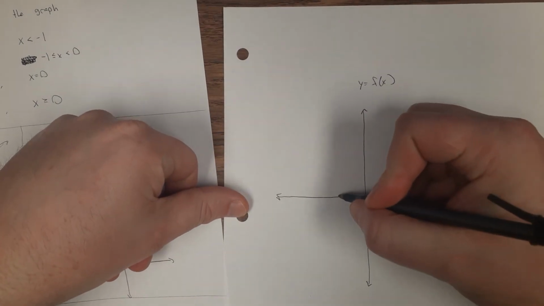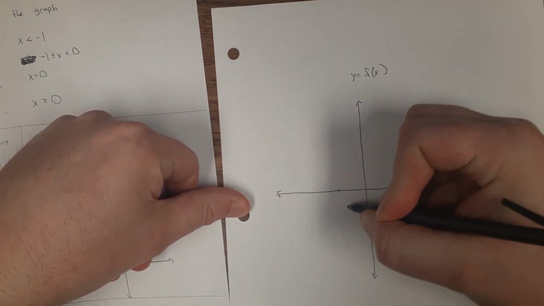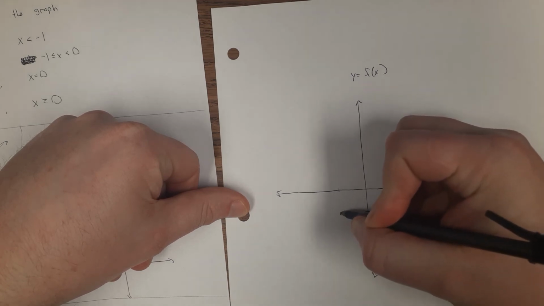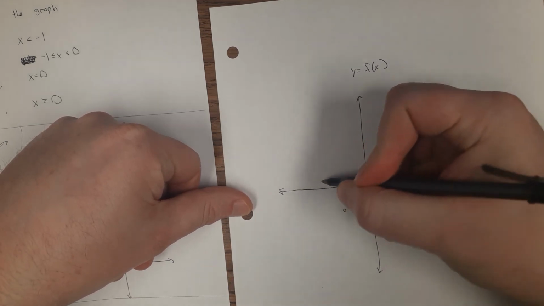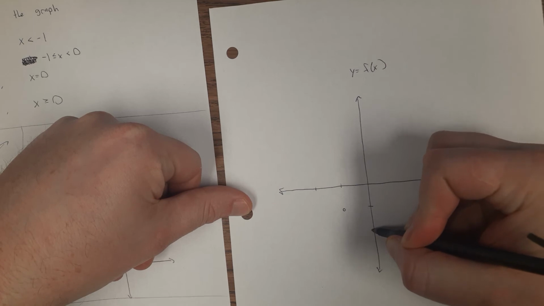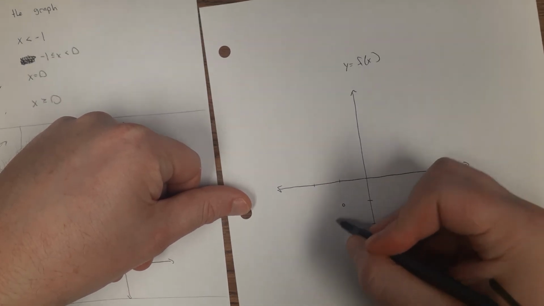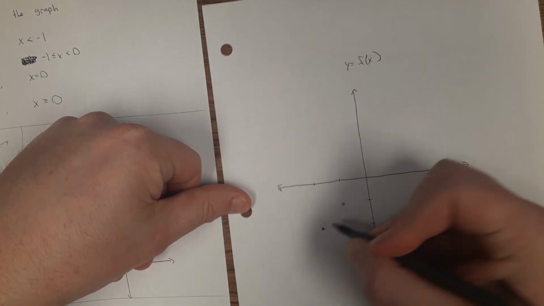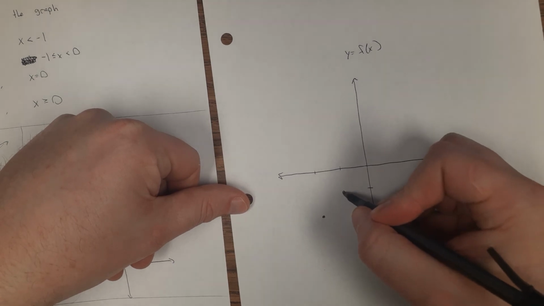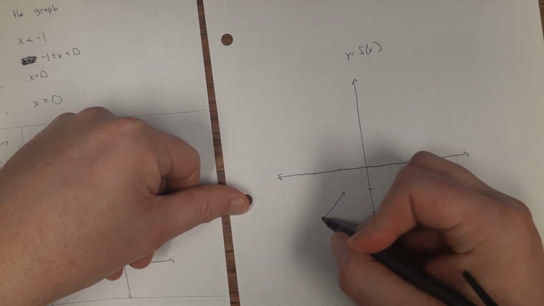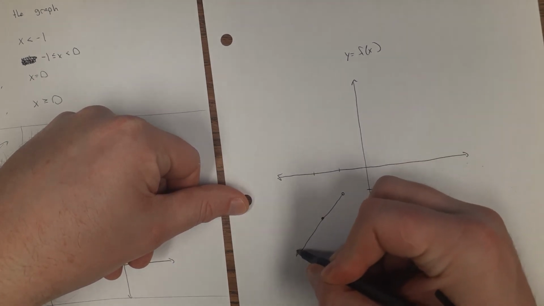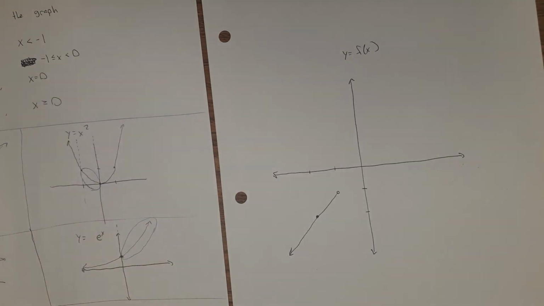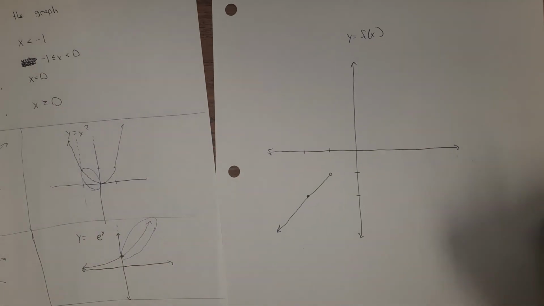So here goes, open dot here. And I'm going to make an effort to get the line right, because this line has a slope of 1, so I want to make it look like it does. Okay, so I'm satisfied with that part.